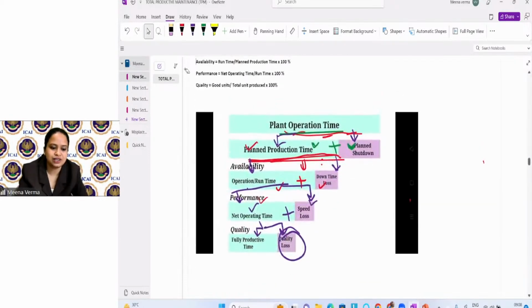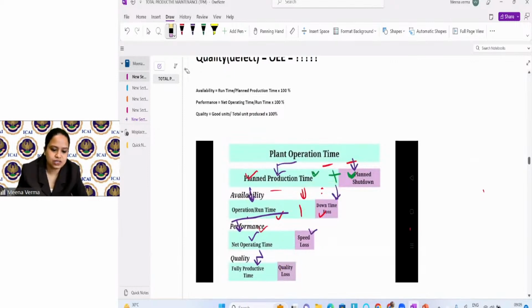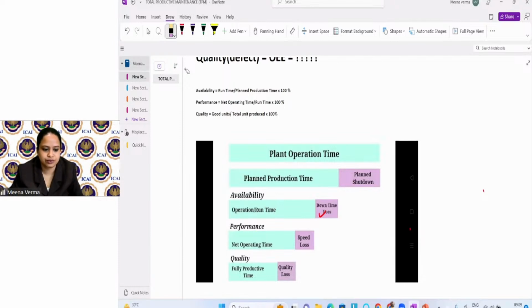So you can see here we have taken some formulas, like how we can calculate the availability, how we can calculate the performance, and how we can calculate the quality, because when you multiply these three values, you will get OEE, right?